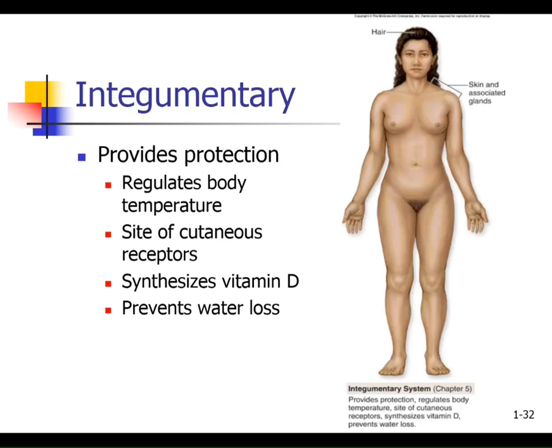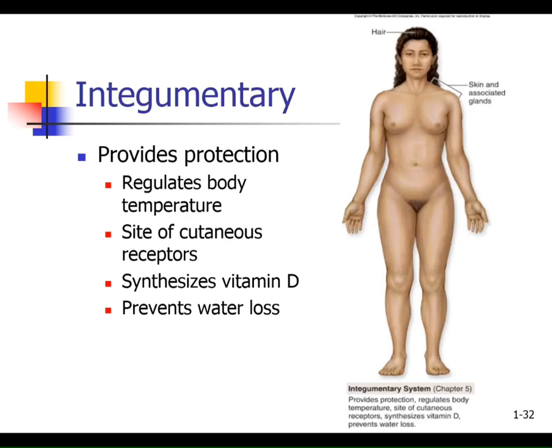The exam will not say, list the 4 functions of the integumentary system. Okay, that's not how the exam will be set up. It would instead say, which of the following is not a function of the integumentary system, right? Something like that. So you need to be able to recognize these, not be able to list them all.